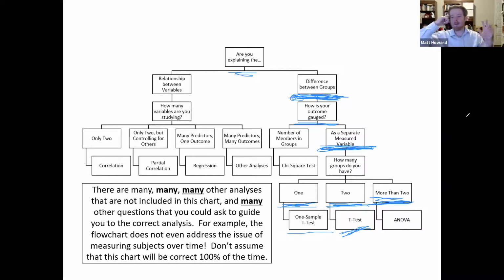This can be when you have 3, 4, or 5. Theoretically, it could be 1,000,000 groups. Theoretically, that's not going to happen. However, you could perform an ANOVA to compare 1,000,000 groups. So once again, ANOVA is when you're explaining the difference between groups, you have a separate measured variable, and you have more than two groups. You're going to be using an ANOVA in that case.